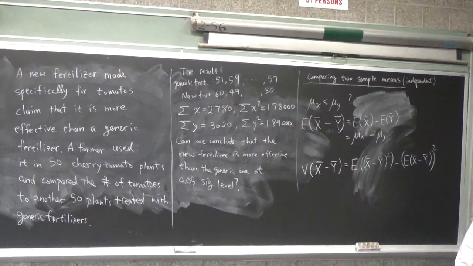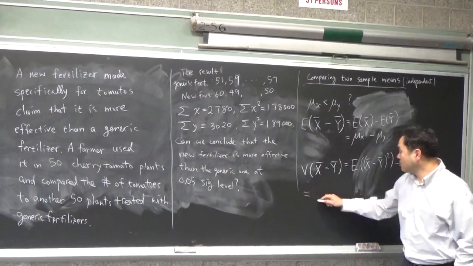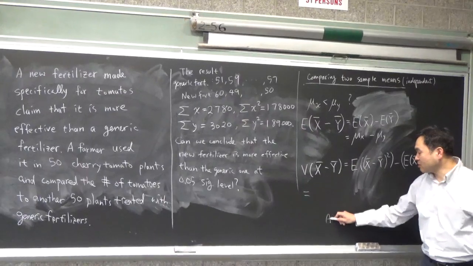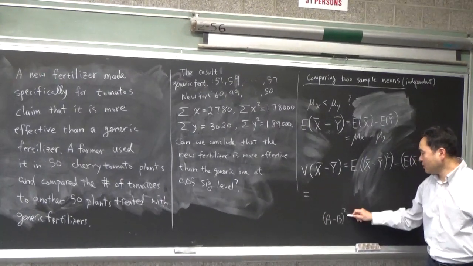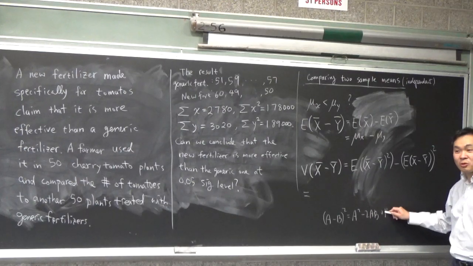We can just expand this using what a minus b squared is: a squared minus 2ab plus b squared. Everyone knows this, right?